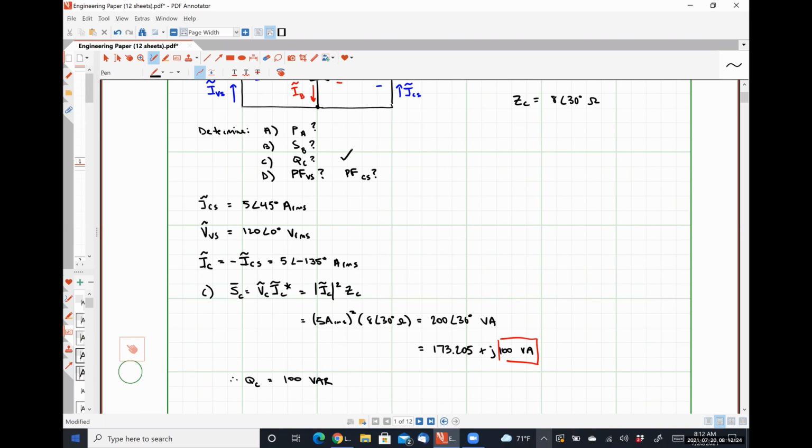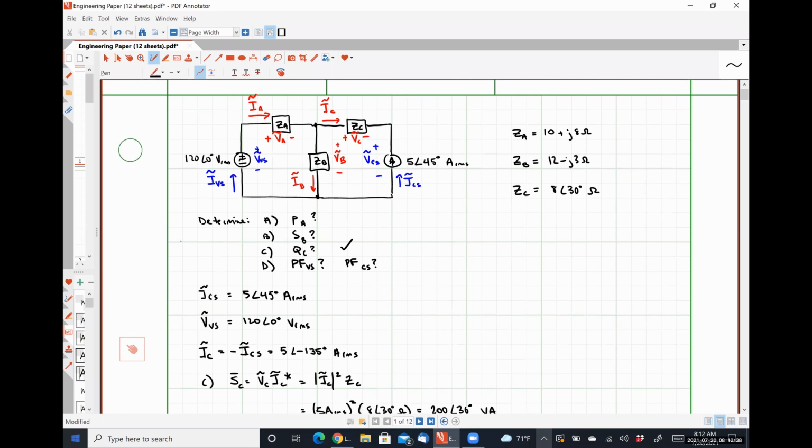What's next? Scroll back up to the circuit diagram here. So we need to figure out what VA is or what IA is.